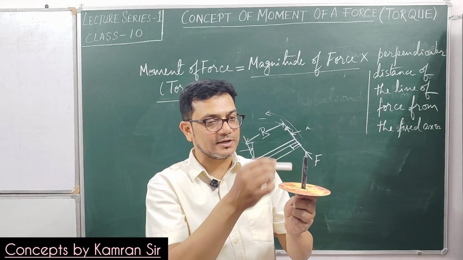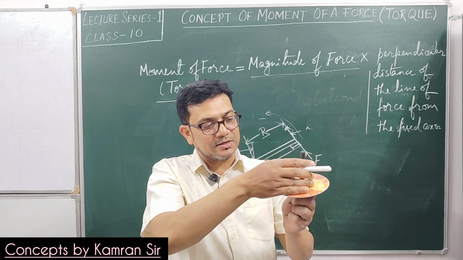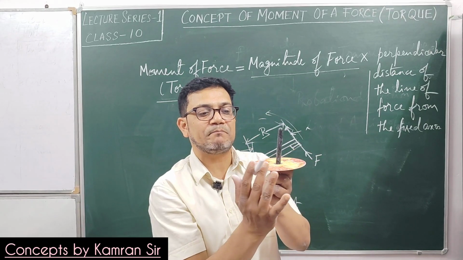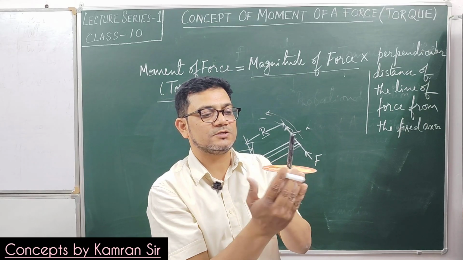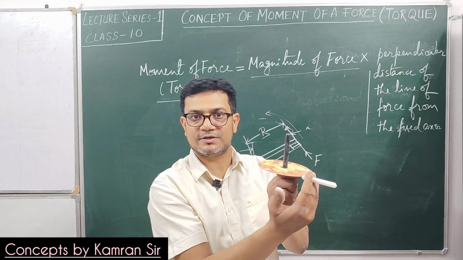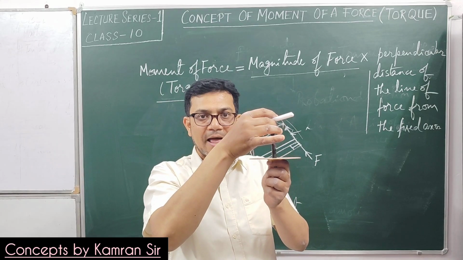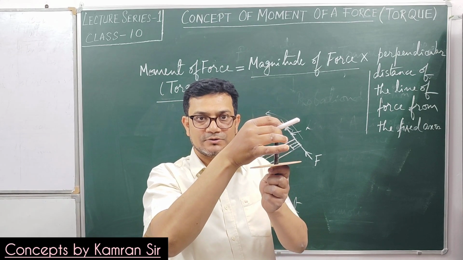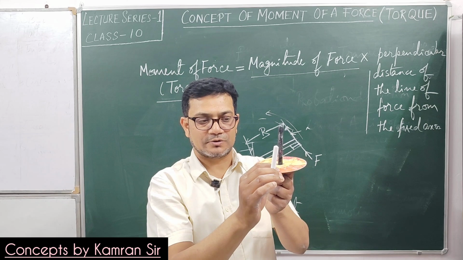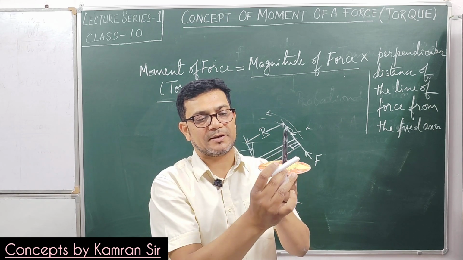The axis of rotation is perpendicular to this plane. This is the plane wherein rotational motion is taking place, right? And the axis of rotation is this black rod that we are looking at, which is perpendicular to the plane of the disk.